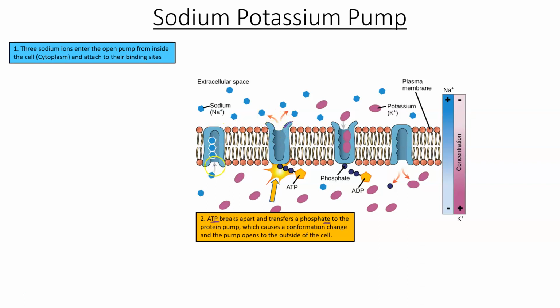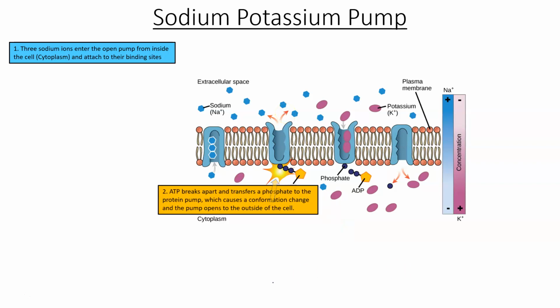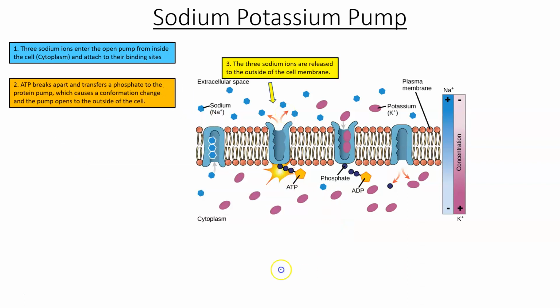In this case, it's going to open from inside to outside, and when it opens to the outside, it's going to release the 3 sodium ions, 1, 2, and 3. It's going to release those 3 sodium ions to the outside. Notice the phosphate is still attached, keeping this conformation open to the outside.